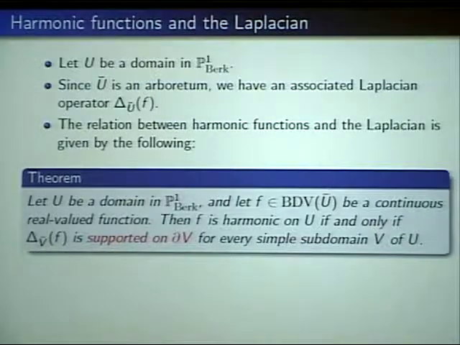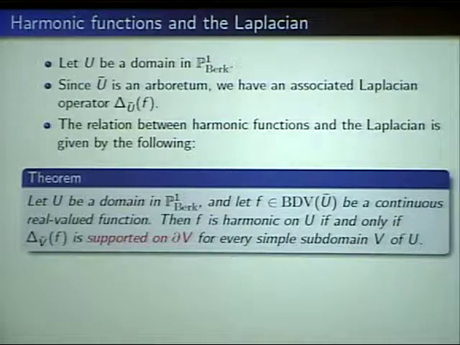So, in fact, you can work on more general domains. I mean, you get something stronger. It's not just true for simple subdomains, but for all subdomains. But on the simple subdomains, we have a very concrete formula for what it means to be harmonic. And so this is a nice concrete way to relate harmonic functions to the Laplacian.